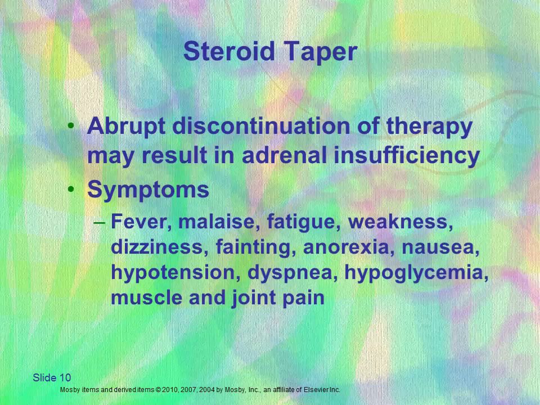It can be used for immunosuppression with organ transplants. It may be used along with chemotherapy. The thing that people need to understand is that they relieve symptoms. They don't cure anything.